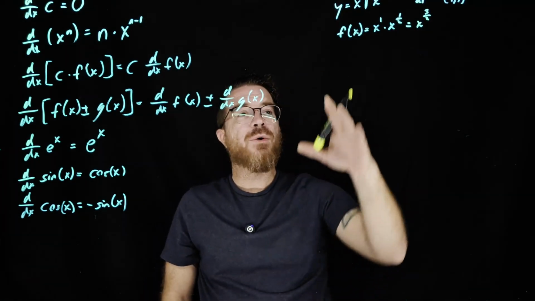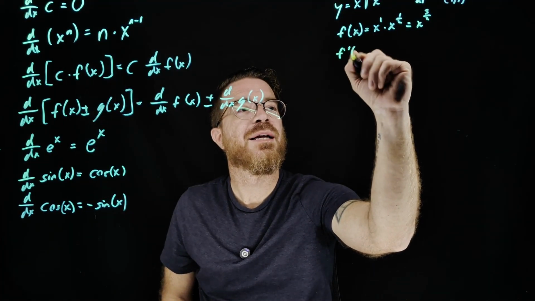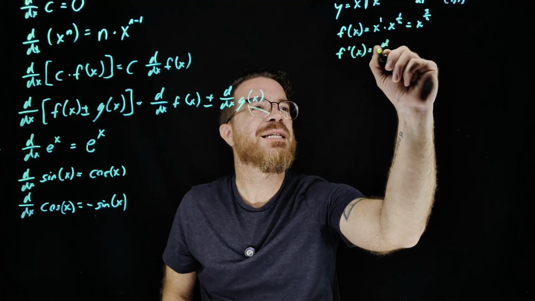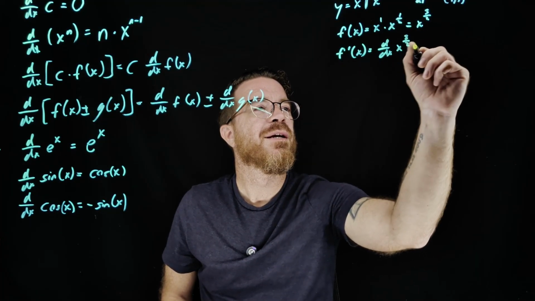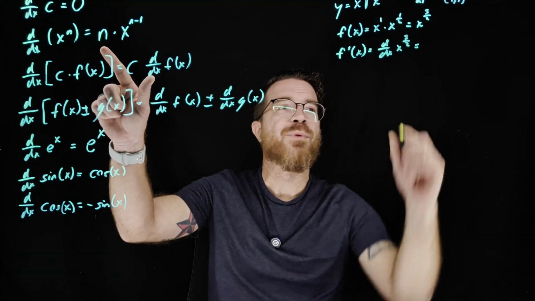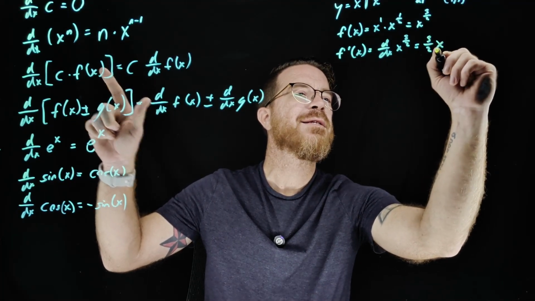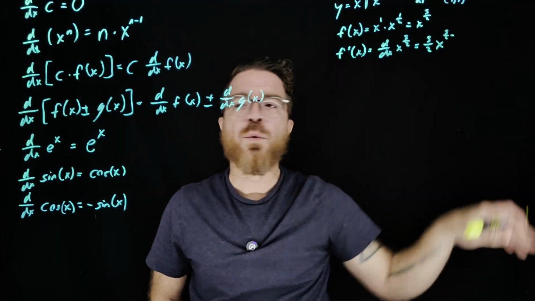So what we're going to do first now is take the derivative in order to figure out what is my instantaneous rate of change. So this is d/dx of x to the 3/2. Using our power rule, we're going to bring down 3/2, x, and then n minus 1, so 3/2 minus 1.